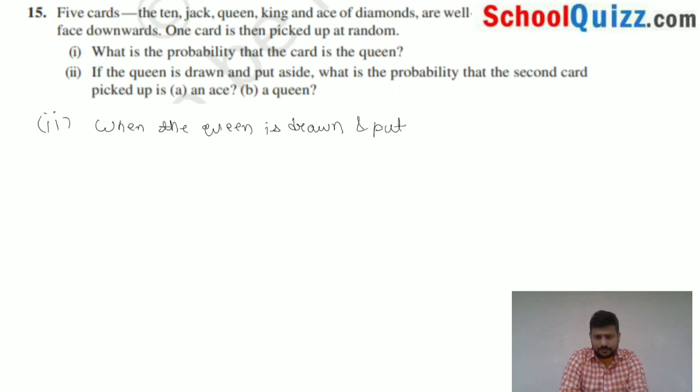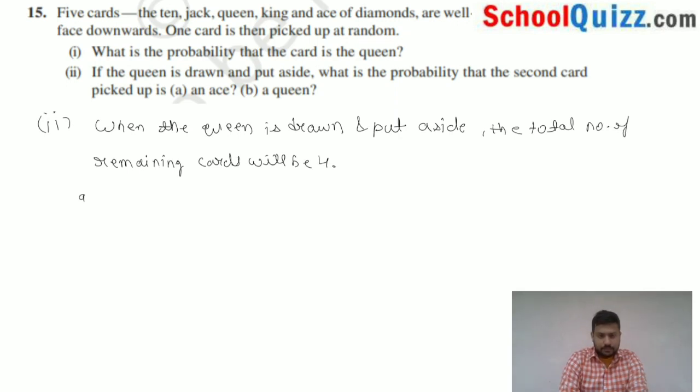and put aside, the total number of remaining cards will be 4. We have 4 total remaining cards, and total number of aces we have is 1.